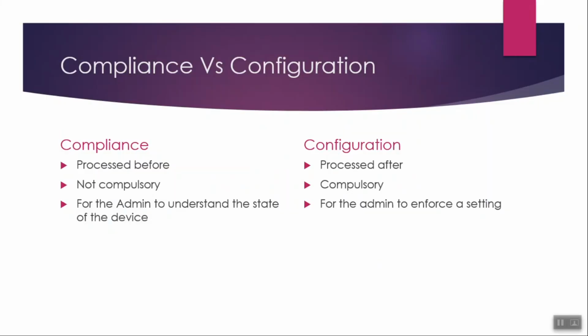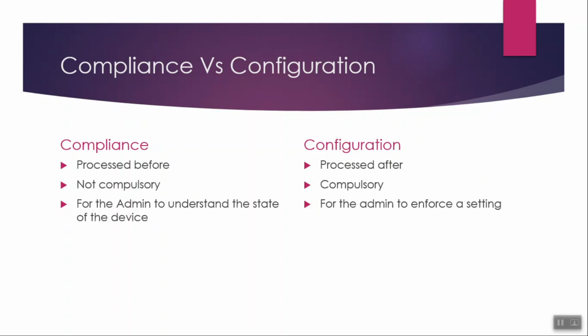Okay, so a device compliance policy is processed first. The configuration policy is processed afterwards, meaning that once we are enrolling a device, once the device is enrolled, its device compliance is going to be evaluated first.